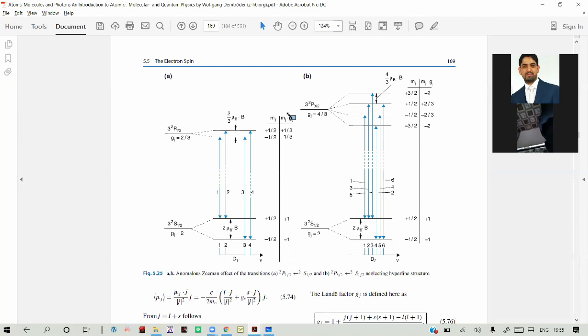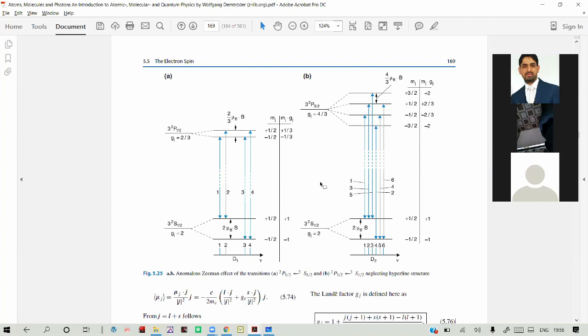That is the change in the spin. The spin magnetic moment will take part, unlike in the case of normal Zeeman effect and in the case of strong field, where we ignore the interaction of L and S. So here L and S are both combined in this g_J term. Okay, so this is for this case.